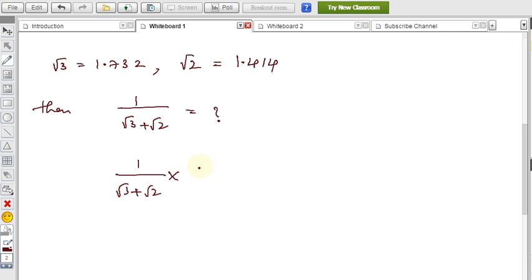You rationalize the denominator: multiply and divide by root 3 minus root 2, with the opposite sign.